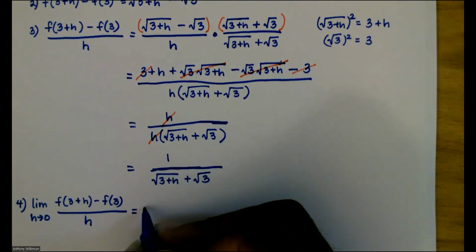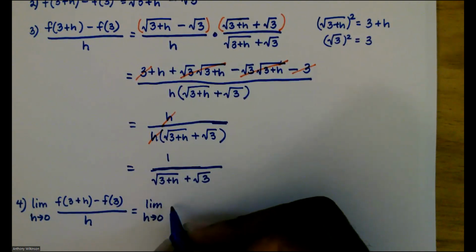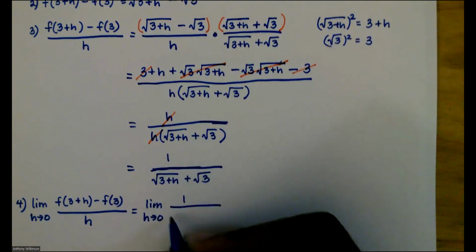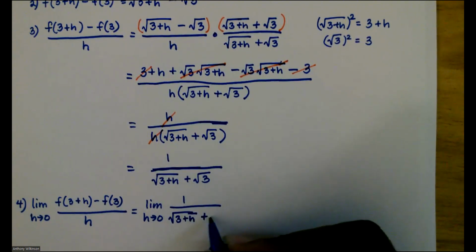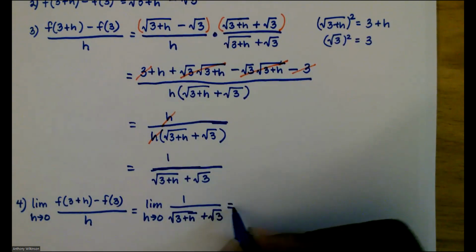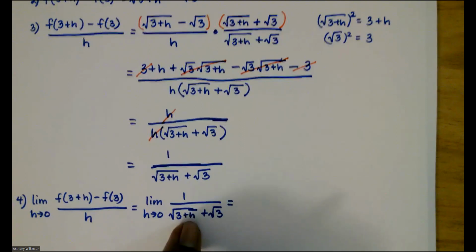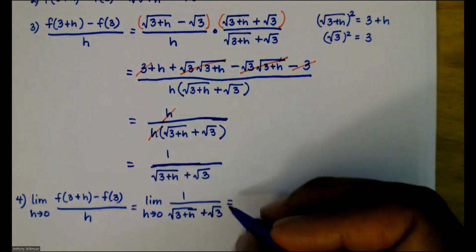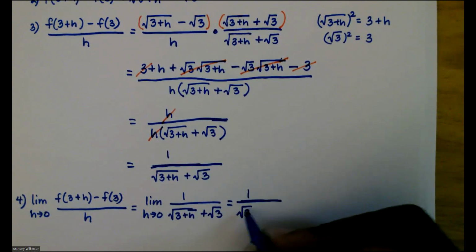So in this case here, I'll write this as a limit as h approaches 0 of 1 over the square root of 3 plus h plus the square root of 3. And now I can go ahead and take that limit. Okay. So as h approaches 0, the square root of 3 plus h, that h goes to 0. So I'm left with 1 over the square root of 3.